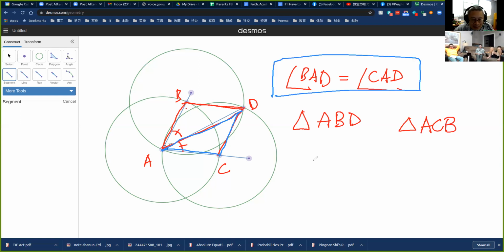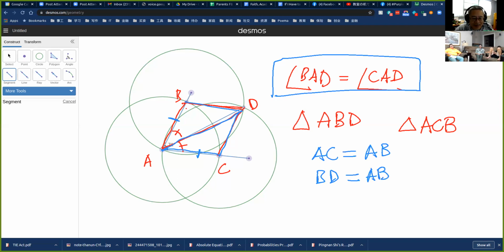Okay, so now what we see here, remember AC is congruent to AB, right? This is congruent because they are on the same circle. That's why we draw it. And we also know BD is congruent to AB, right?